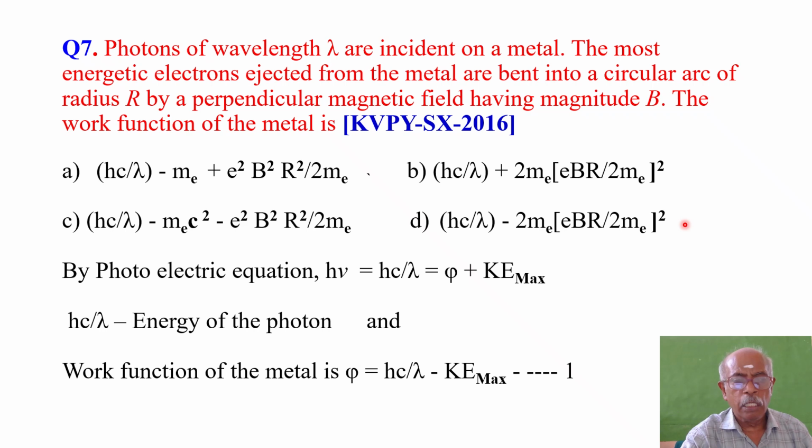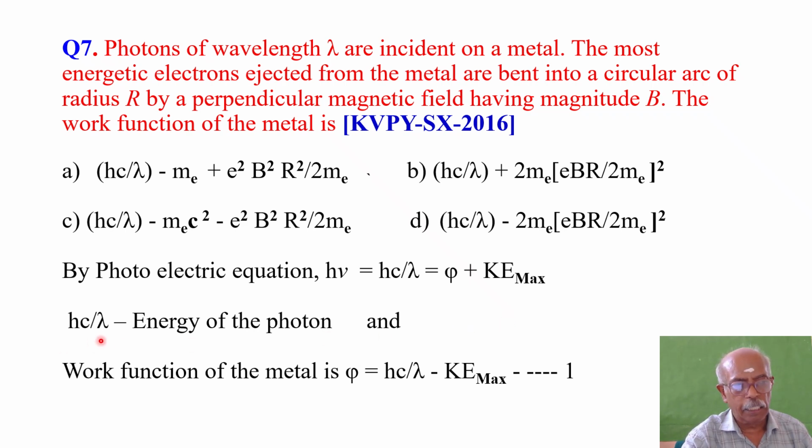By the photoelectric equation, you know that h nu is the energy of the photon. Instead of nu, you can also write c by lambda. So hc by lambda is equal to phi plus KE max. What is phi? The work function of the metal. And KE max is the energy of the most energetic electrons.